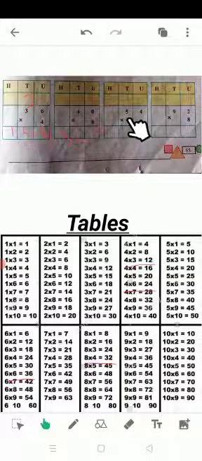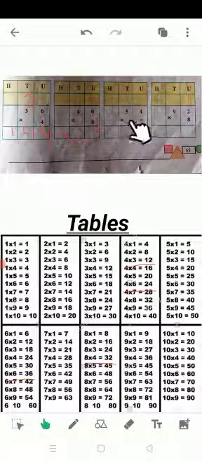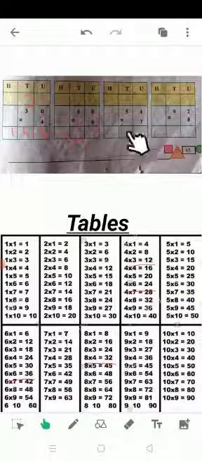Okay, next sum. 54 multiplied by 7. I use the table of 7 for solving this sum. On the 4 unit multiplied by 7 number, I'll read the table of 7 till the 4 number. 7 ones are 7, 7 twos are 14, 7 threes are 21, 7 fours are 28.